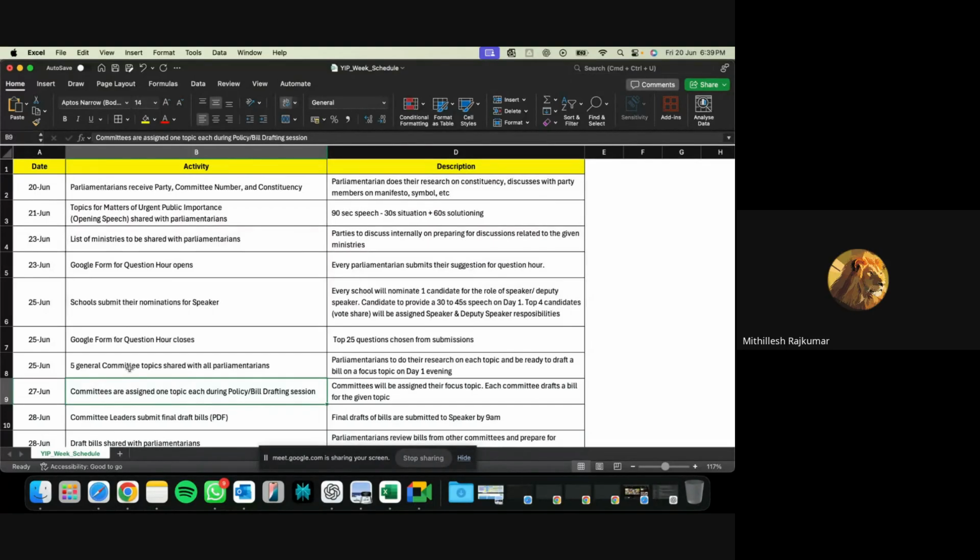Okay, sir. And let's say I'm an MP from the ruling party, and I have a question from the manifesto of the opposition party, can I question it? Or if I'm from the ruling party, do I only have to answer questions? If you have an opportunity to bring up the point, and you think you can bring it up, you can.